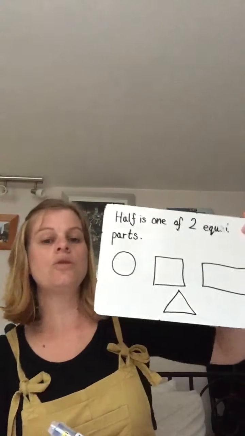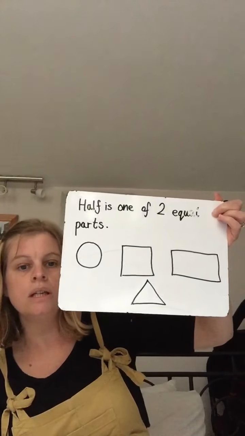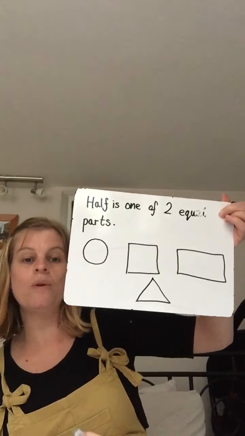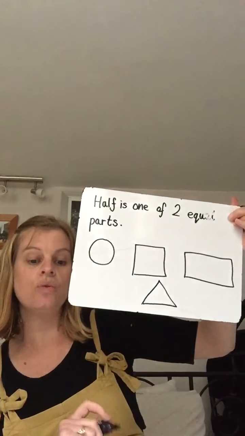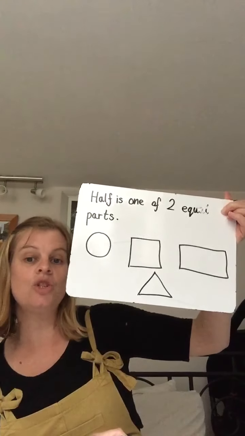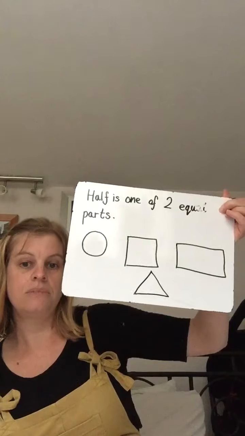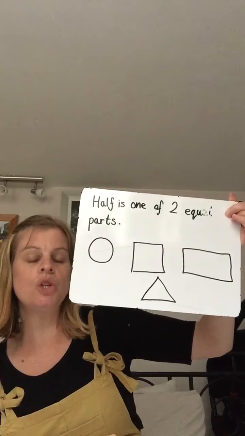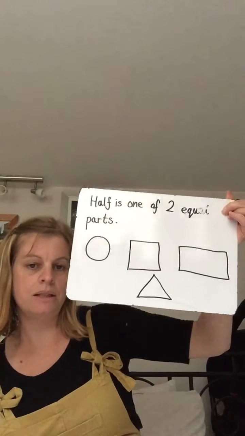And if you can, you could draw a hexagon or an octagon, or the shapes that you know. And when you have drawn your shapes, I want you to shade them into halves. I want you to shade them into 2 equal parts.